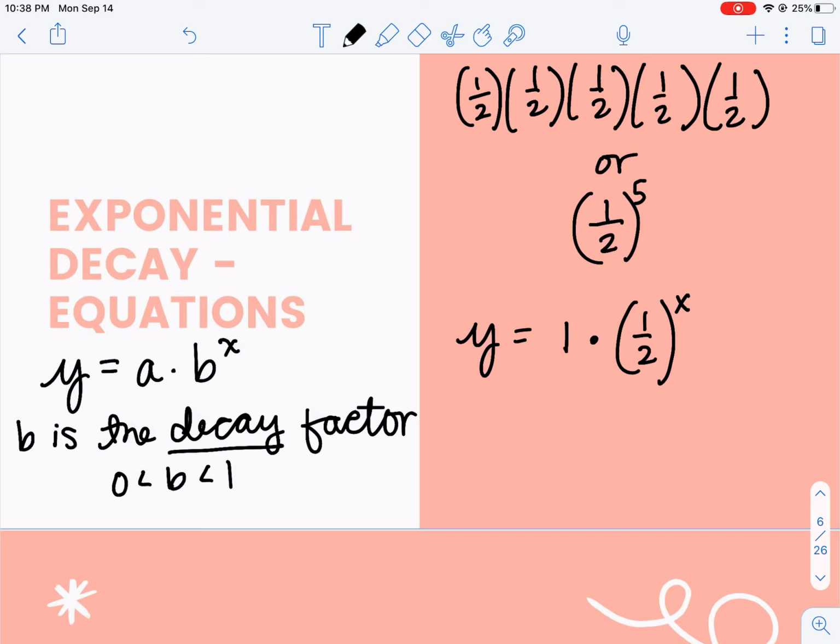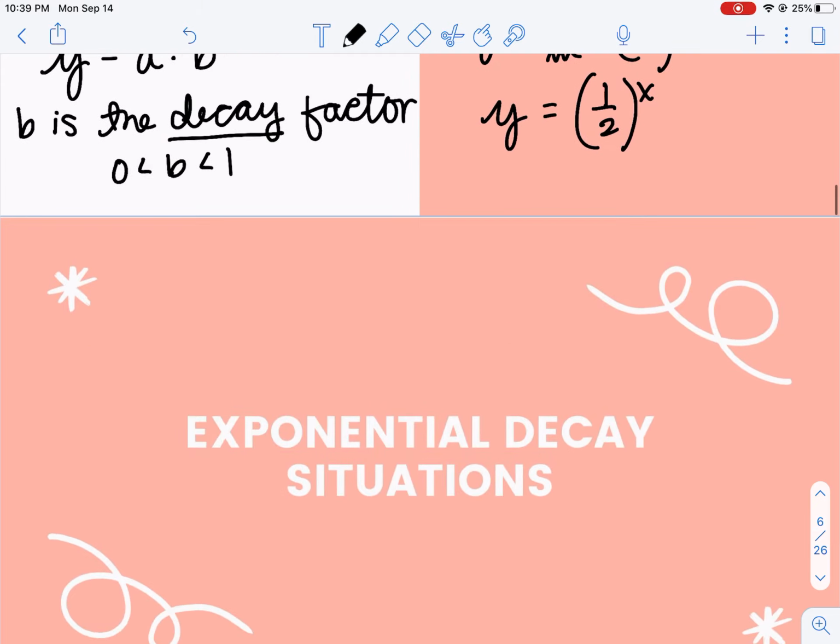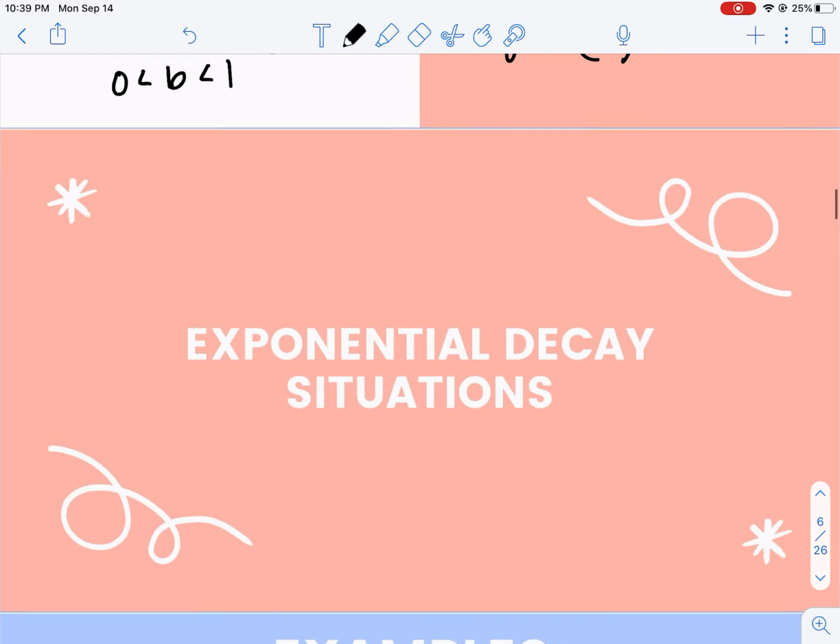Sometimes you will see people just write y equals 1/2 to the x power, because once you do your exponents first, then you multiply that number by 1. Well, it's the same as that number. But I like doing this. It's helpful.